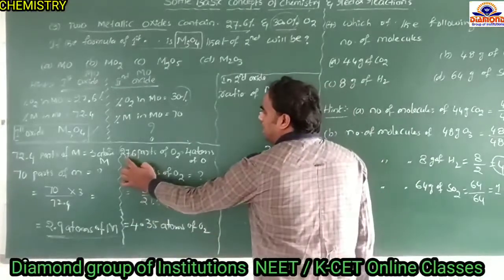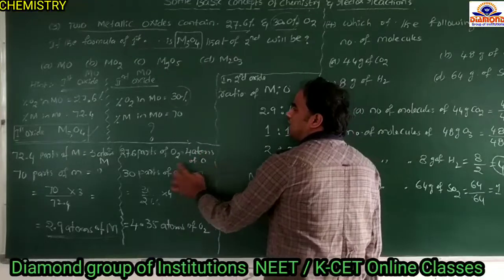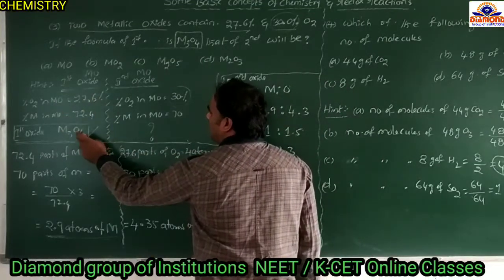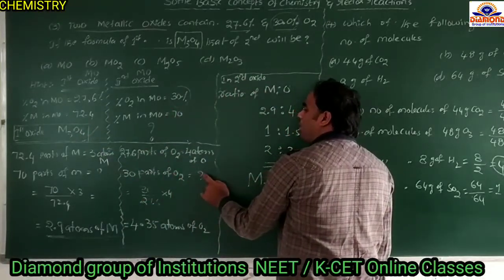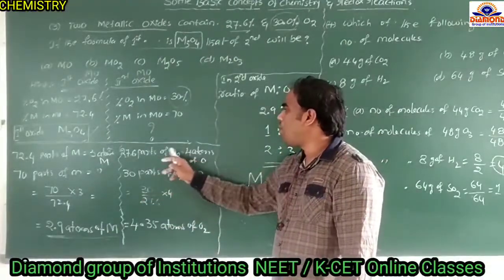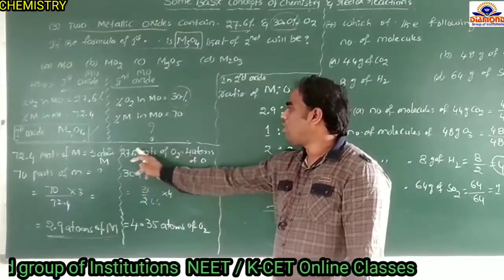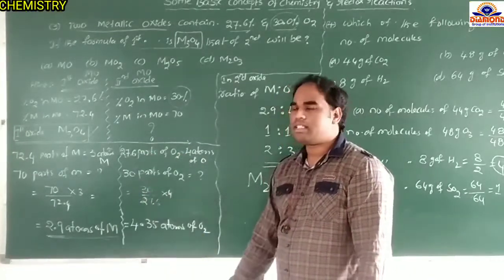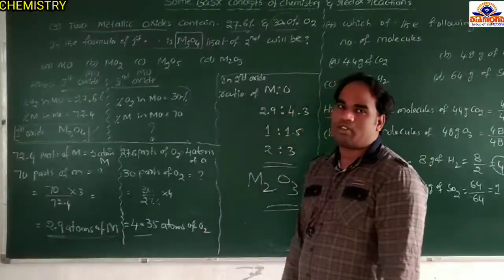Therefore 30 into 4 by 27.6. In this simplification, 4.35 atoms of oxygen.